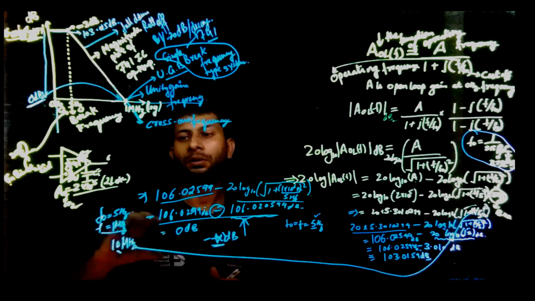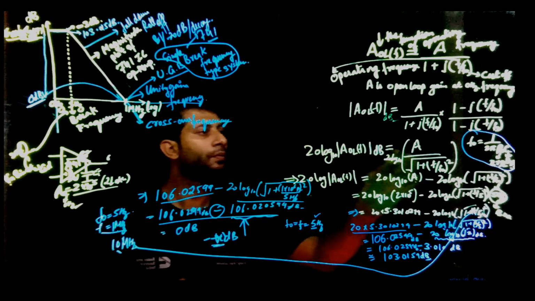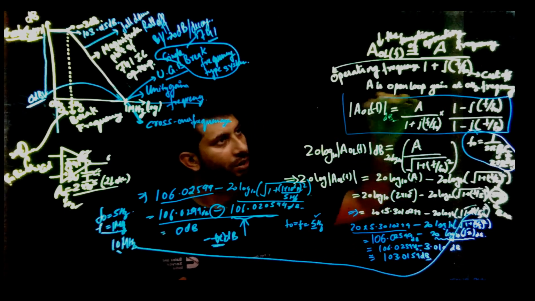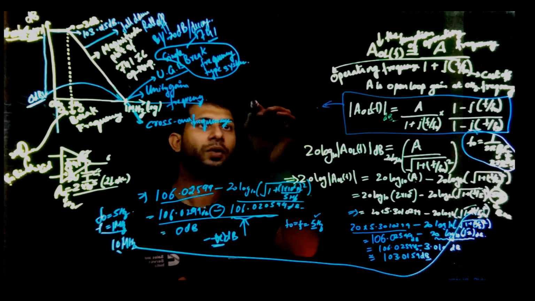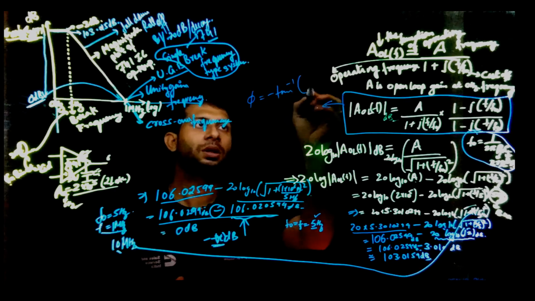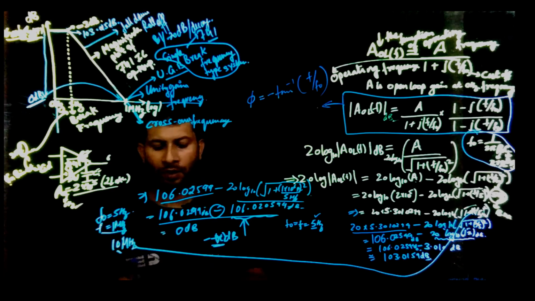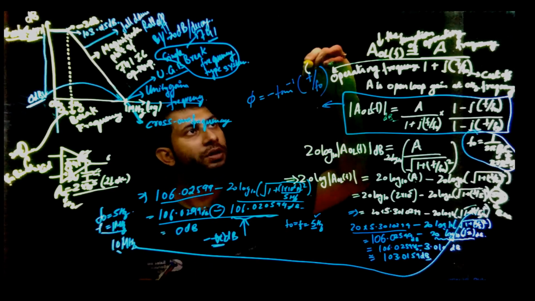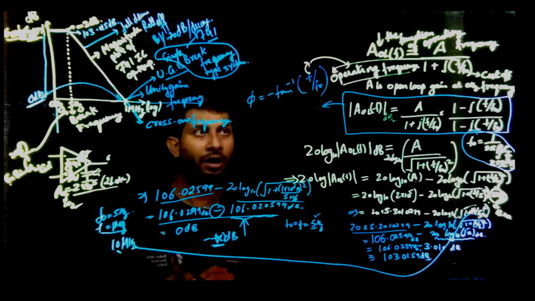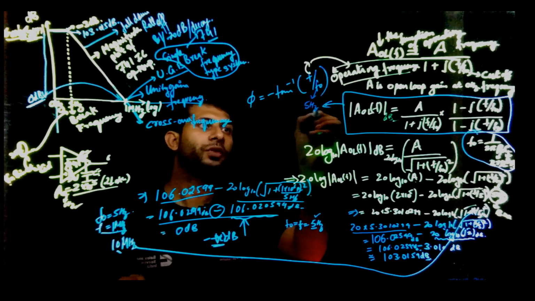Similarly, if we are dealing with phase, we use this equation and try to find this phi, which comes out to be minus tan inverse f upon f naught. Okay, f is again your operating frequency, and this f naught is 5 Hz fixed.